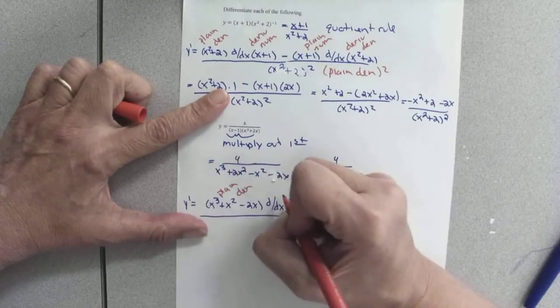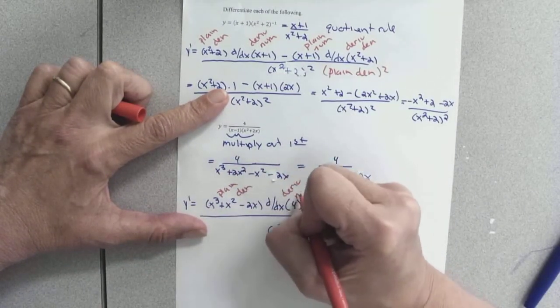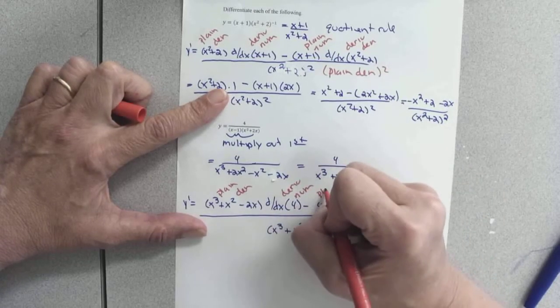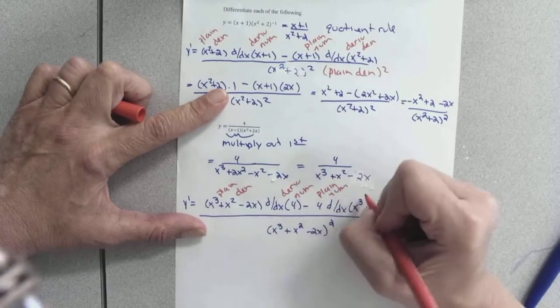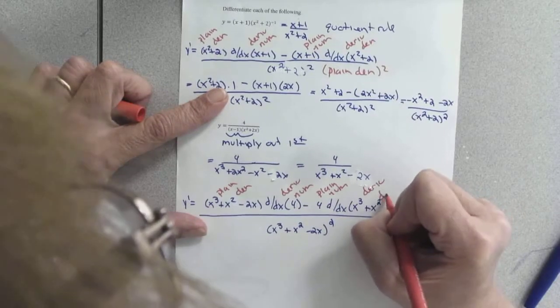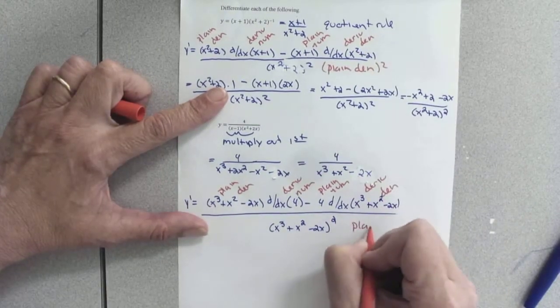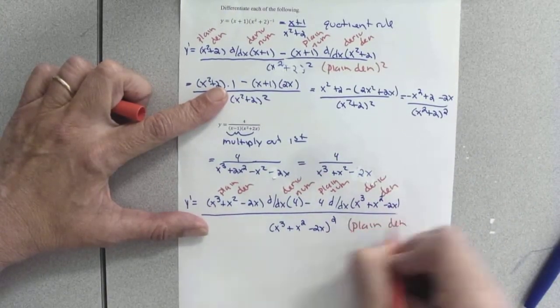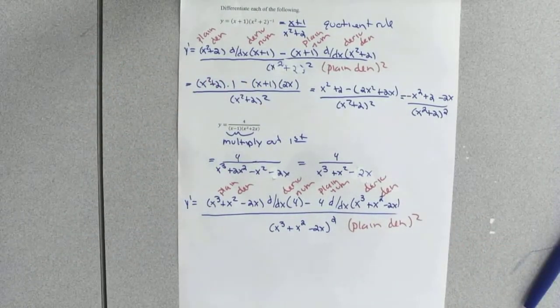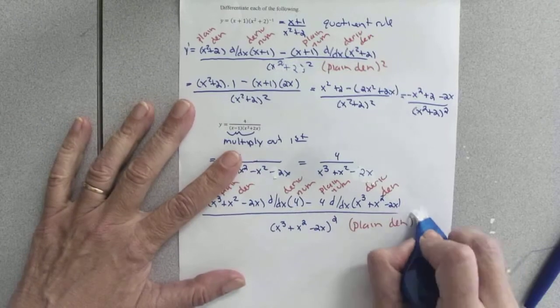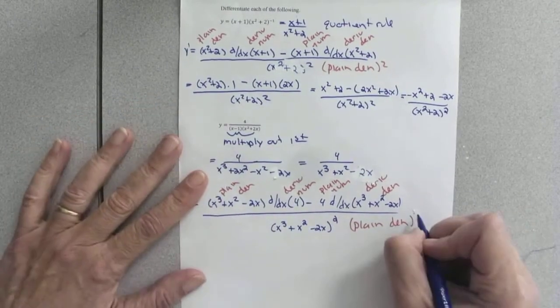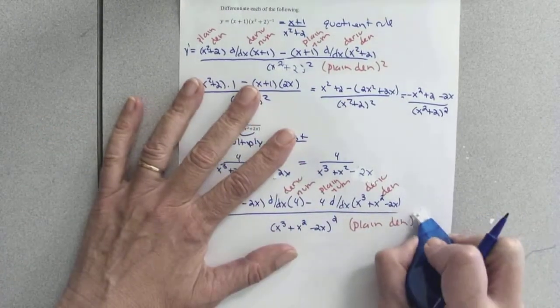Plain denominator, derivative of numerator, plain numerator, derivative denominator, plain denominator squared. You do not have to show that step. That is an optional step. I just show it until I think everyone knows the product rule or quotient rule.